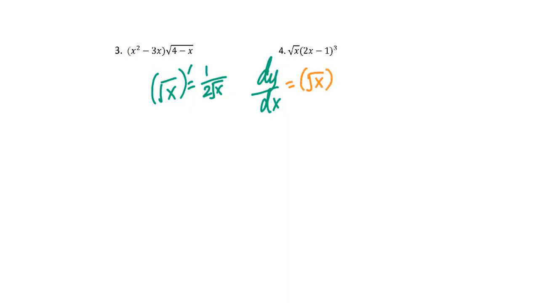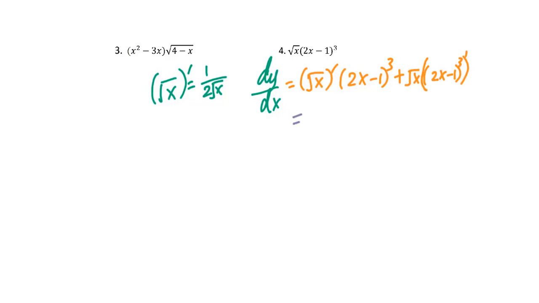Let's go to number 4. So dy by dx. We still use this formula. Square root of x will be 1 over 2 square root of x. Therefore, you will get square root of x, you do the derivative. 2x minus 1 to the 3rd power stays, then plus square root of x stays. You have to do the 2x minus 1 to the third power, then you do the derivative.